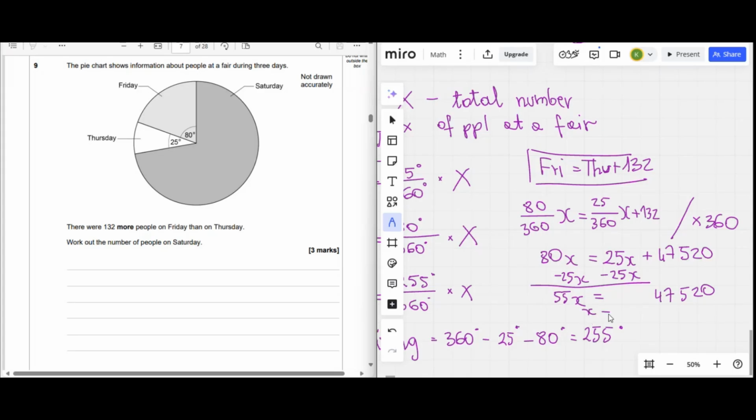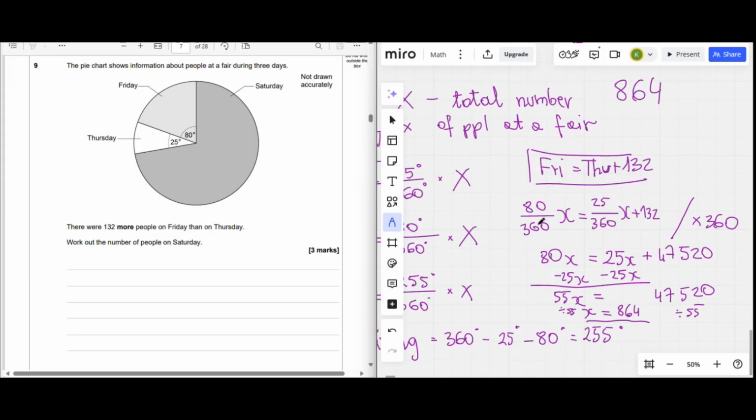So x itself would be this divided by 55 and that divided by 55. 47,520 divided by 55 is 864, and this is the total number of people at the fair, 864.